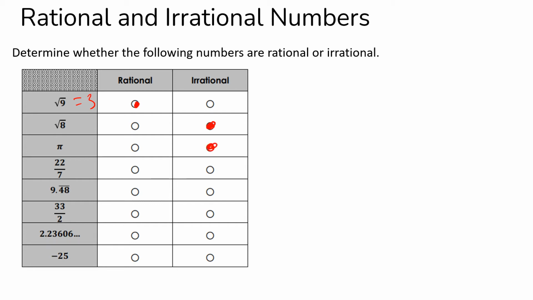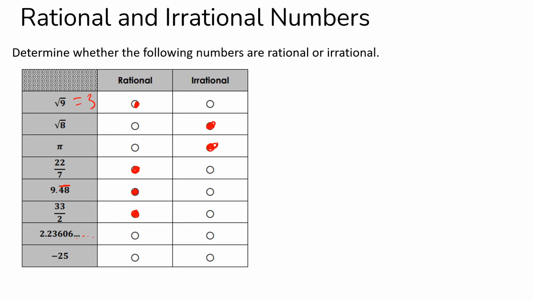We know that that keeps going. 22/7 is a fraction. So a rational number can be written as a fraction, so that is rational. 9.48 with a line over it, that is rational as well because this line here tells me that that 48 is repeating the same numbers. All right, 32/2, again, that is a fraction, so that is rational.